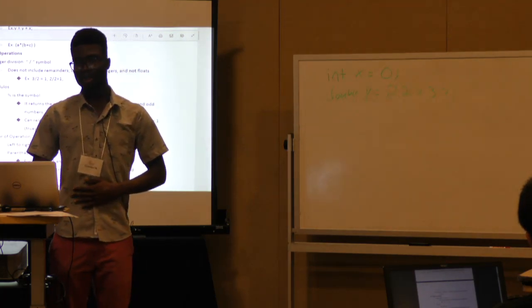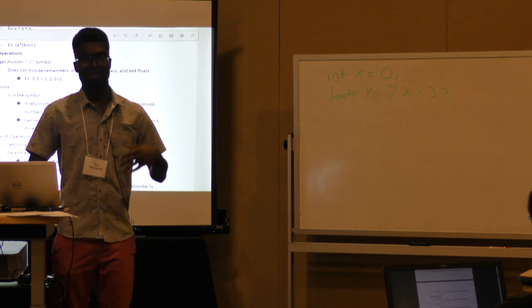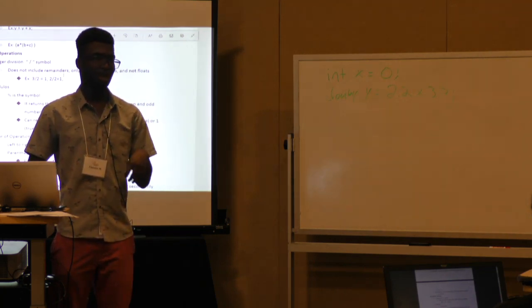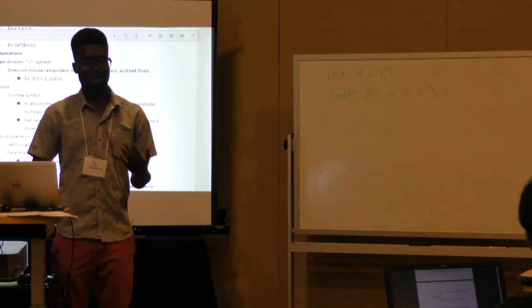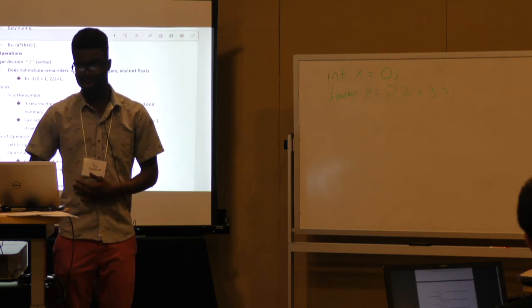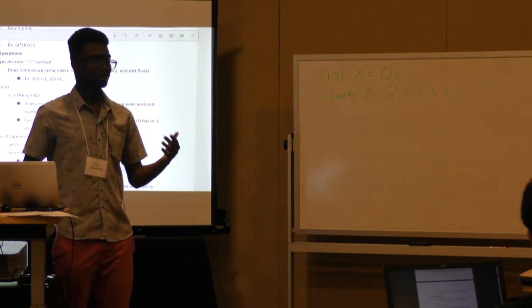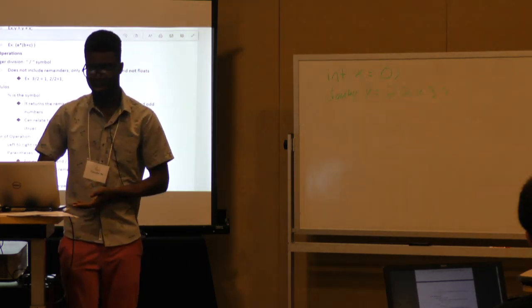So if we were to divide 3 by 2, we would get 1. If we did long division, we'd know that we'd have a remainder of 1. So what the modulus does is it gives us that remainder from an integer division equation. So if instead we had 3 modulus 2, we'd also get 1, but 1 is the remainder in that case.